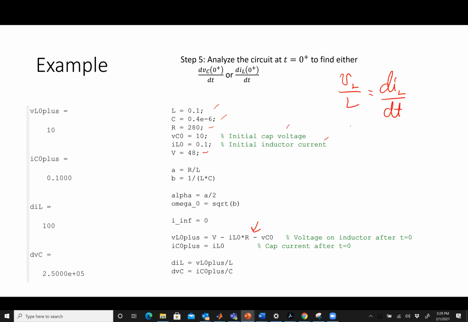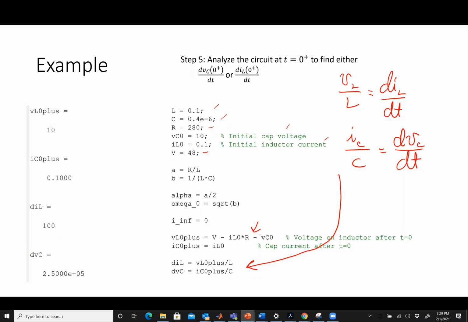And I sub C divided by C equals dVC by dt. So I wrote down those equations and solved for those.